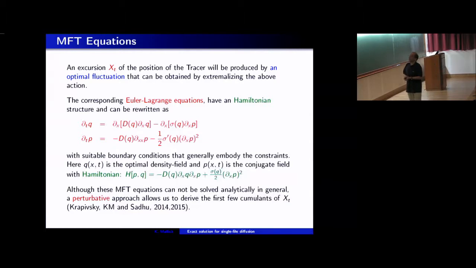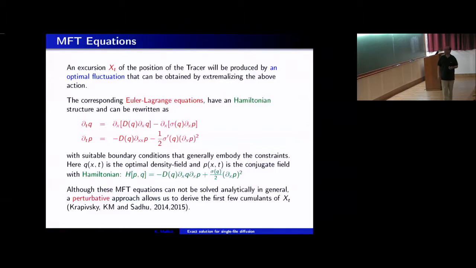So this looks very nice, and this looks very much like, you know, coupled diffusive equations, hydrodynamics, and so on. But there is a huge caveat. In fact, nobody has been able to solve these equations in a non-trivial setup. Okay?